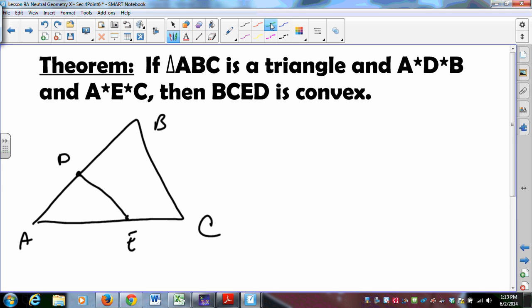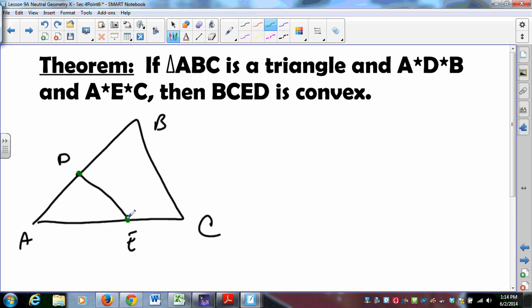Two things are obvious here. One is that D has to be in the interior of angle BCA because D is between A and B. And here's the interior, so D lying between A and B must fall in the interior of angle BCA. Similarly, E is in the interior of its opposite angle because E is trapped between A and C, and here's the interior.